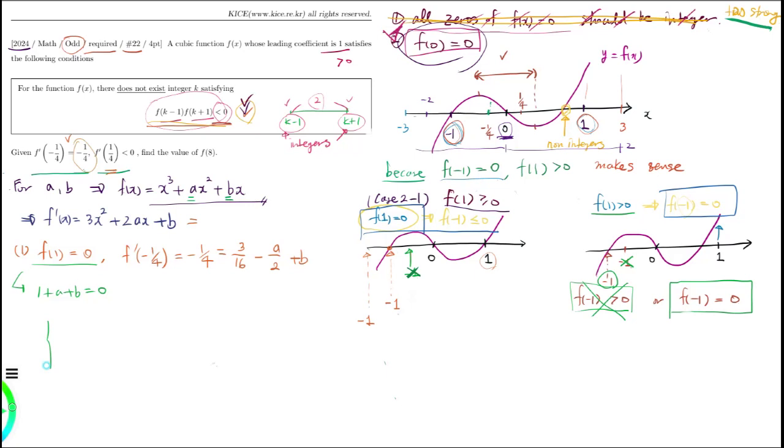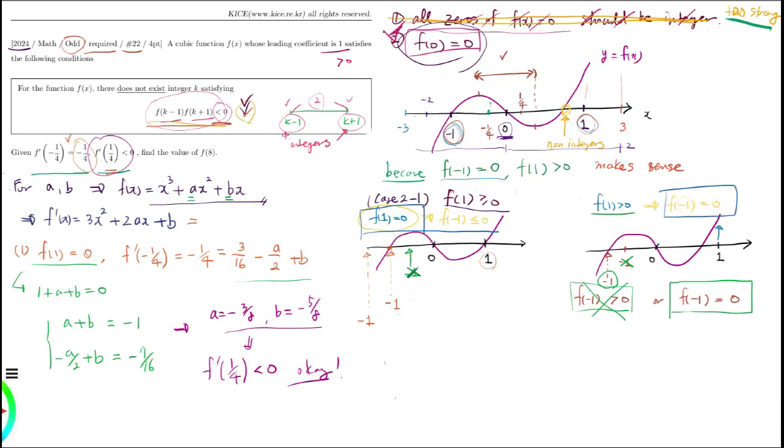So if you solve this system of equation for the first case, you will have a equals to negative 3/8, b equals to negative 5/8, and this fits for the condition of the derivative of quarter is negative. It will be okay.